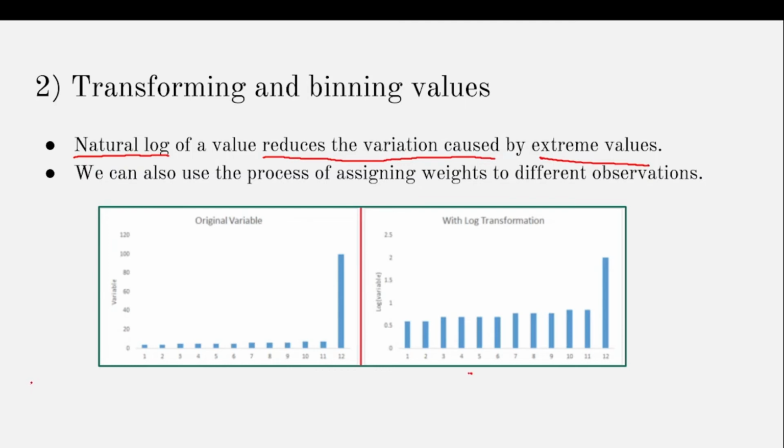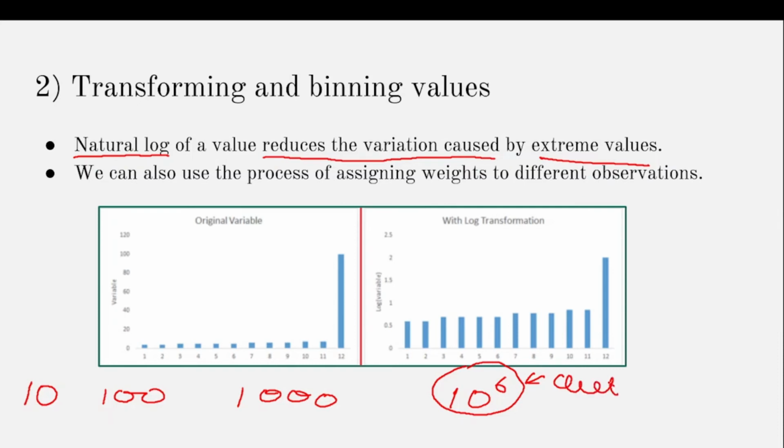Now let us consider an example. Suppose my data distribution contains values such as 10, 100, 1000 and say 10 to the power 6. I can clearly say that this value is way larger than any other value, and hence I'll call this an outlier.